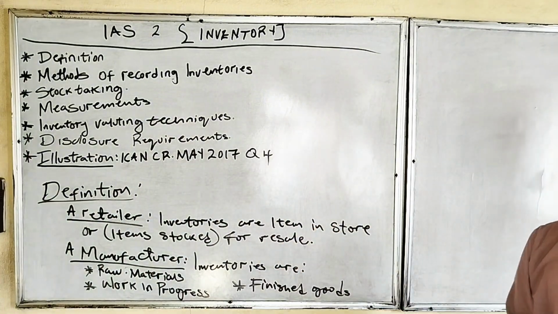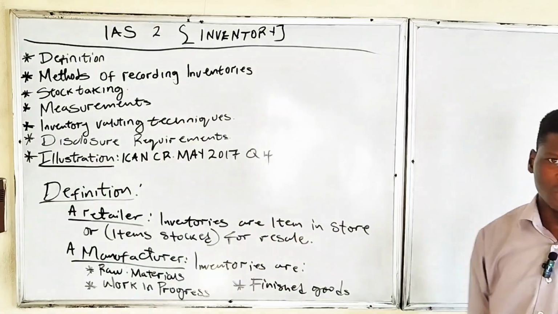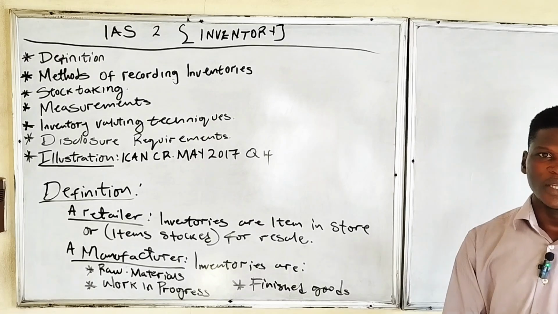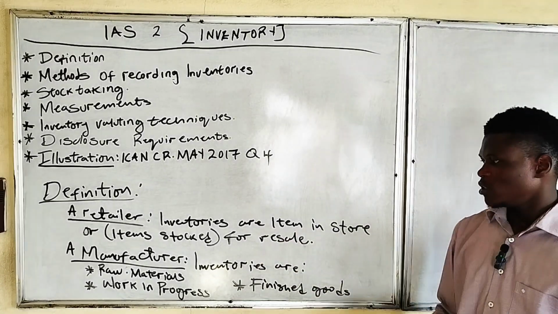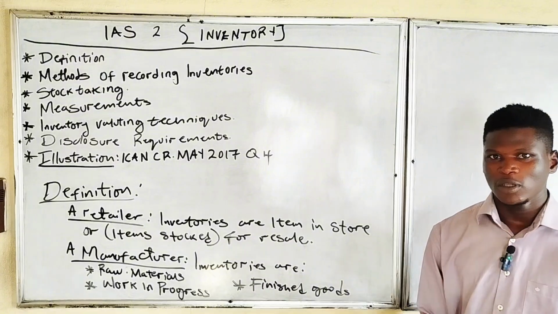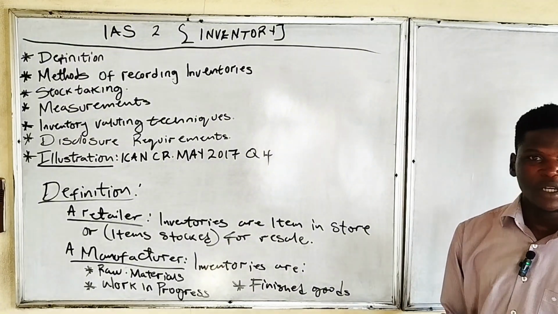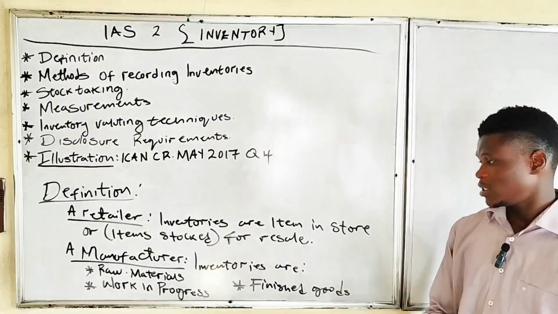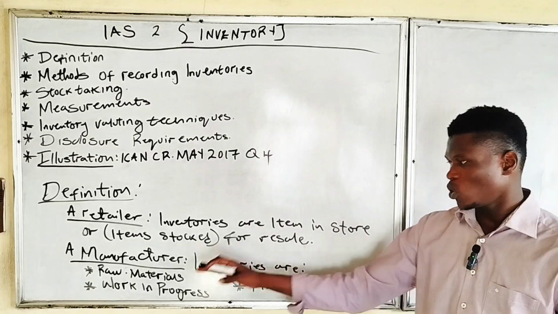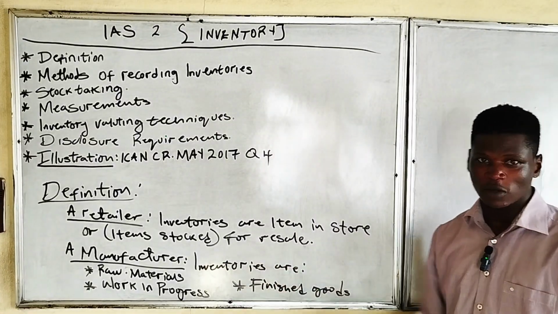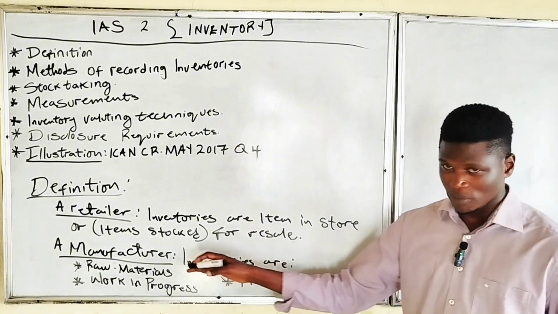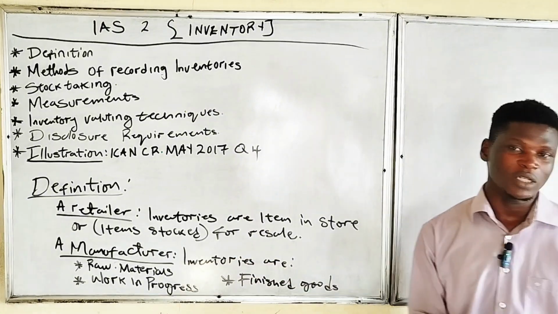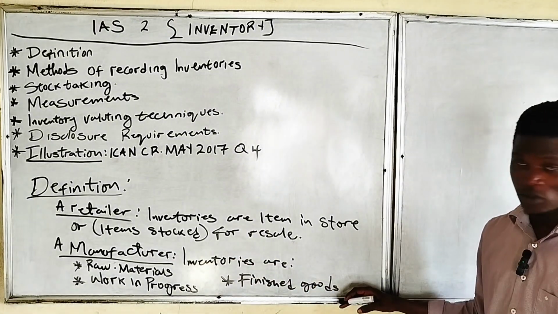So to a manufacturer, inventories are those raw materials used to produce an item. Inventories are also those in the conversion process from the material stage to the finished good stage. That's work in progress. And then the finished good itself, after all conversion has taken place. So after we've converted these raw materials to something that we can actually sell, that is finished goods.